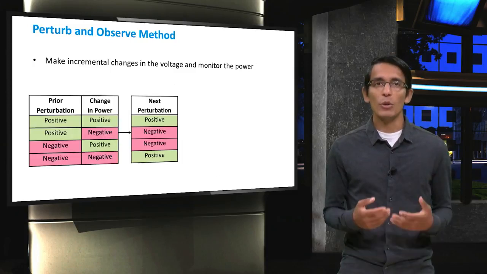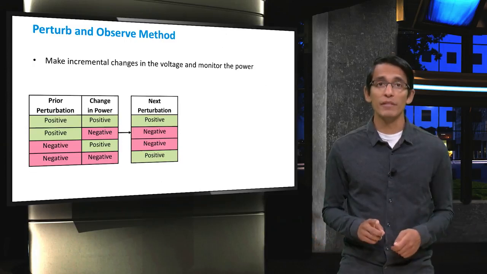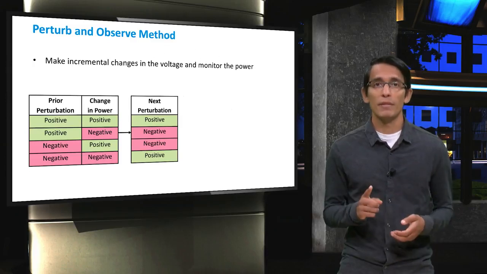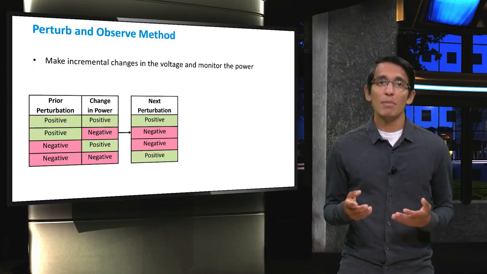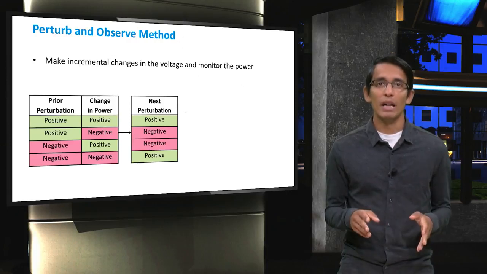This table shows all the possibilities. You can see that if the prior perturbation was positive and the change in power was positive, then the next perturbation will be positive. However, if the change in power was negative, then the next perturbation will be a negative change in voltage.